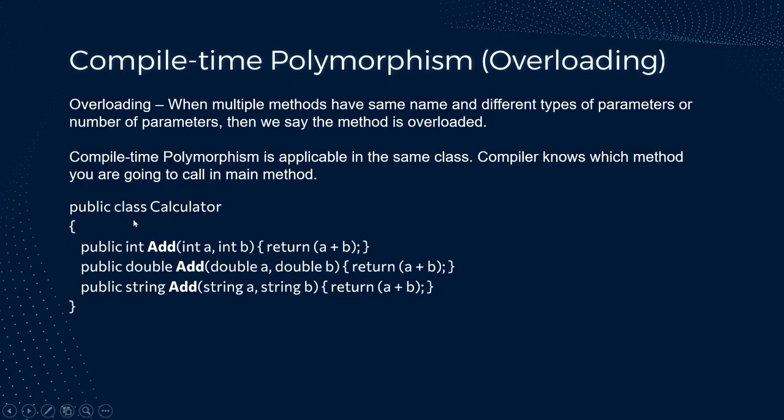Here we have a public class Calculator, and in this class we have three methods which have the same name. You can see the Add method is there, and in the first Add method we have two parameters of type integer, and in the second Add method we have two parameters of type double. In the third method we have two parameters of type string.